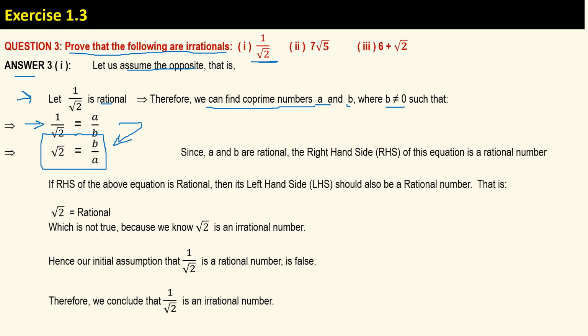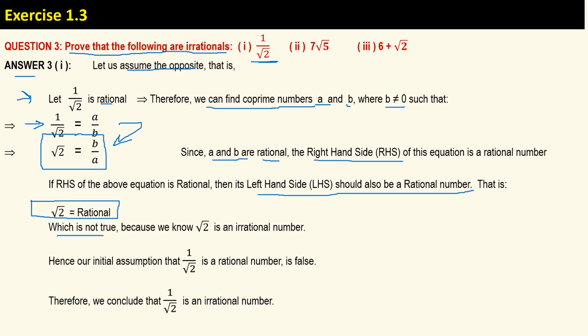Now because a and b are both rational, the right hand side of this equation will be a rational number. Also, if the right hand side of this equation is a rational number, then the left hand side should also be a rational number. Therefore, we can say that square root of 2 is rational.